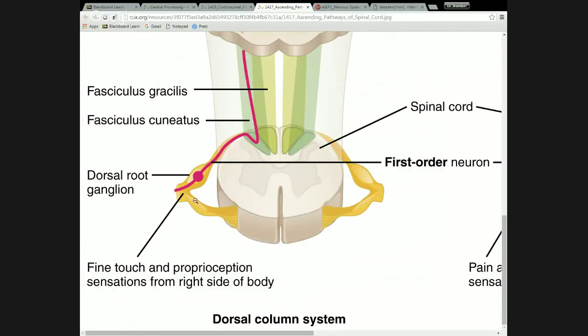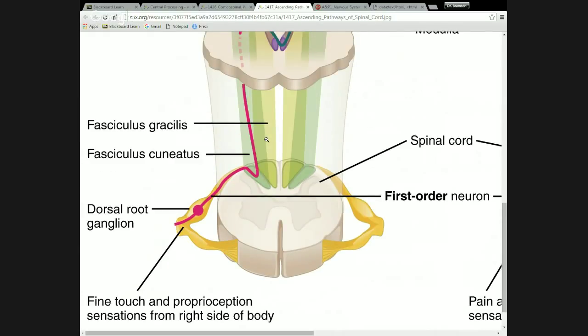So looking at the dorsal column system, this first neuron we see, its cell body is in the dorsal root ganglion. The axon's coming from probably the skin, or maybe from muscles or tendons or whatever. It's a somatosensory neuron in nature. It enters into the spinal cord and it immediately goes into the dorsal position, what we call the dorsal column. And that's why I'm calling this pathway the dorsal column system.